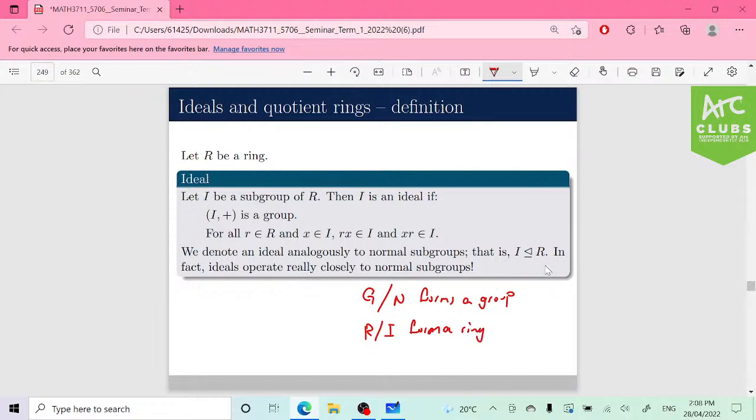So we also define the ideal notation by the same notation as we use for normal subgroups. It might be confusing because we're using the same notation for two different things, but we're looking at ring structures and group structures, so the context of this notation should be clear.